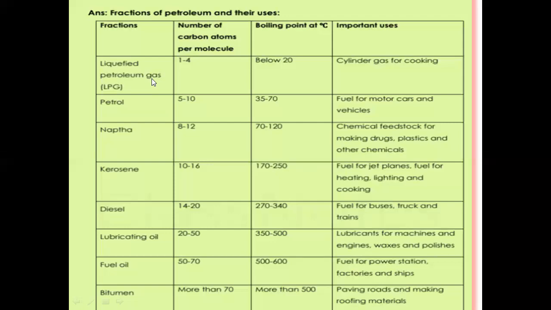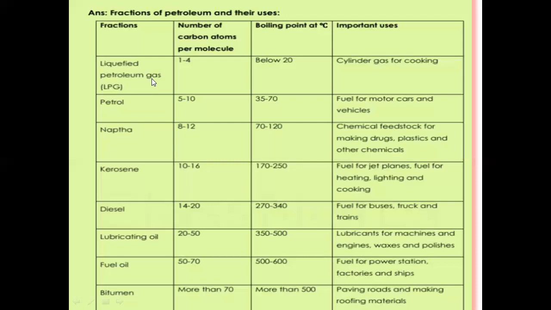Then fuel oil contains 50 to 70 carbon atoms, and boiling point is 500 to 600 degrees centigrade. Fuel for power stations, factories, and ships is fuel oil. Then bitumen.